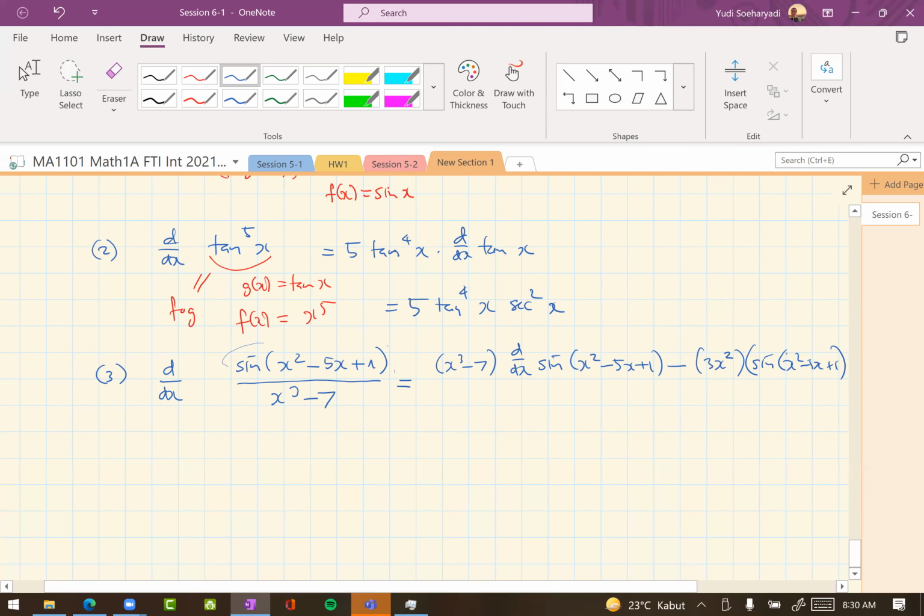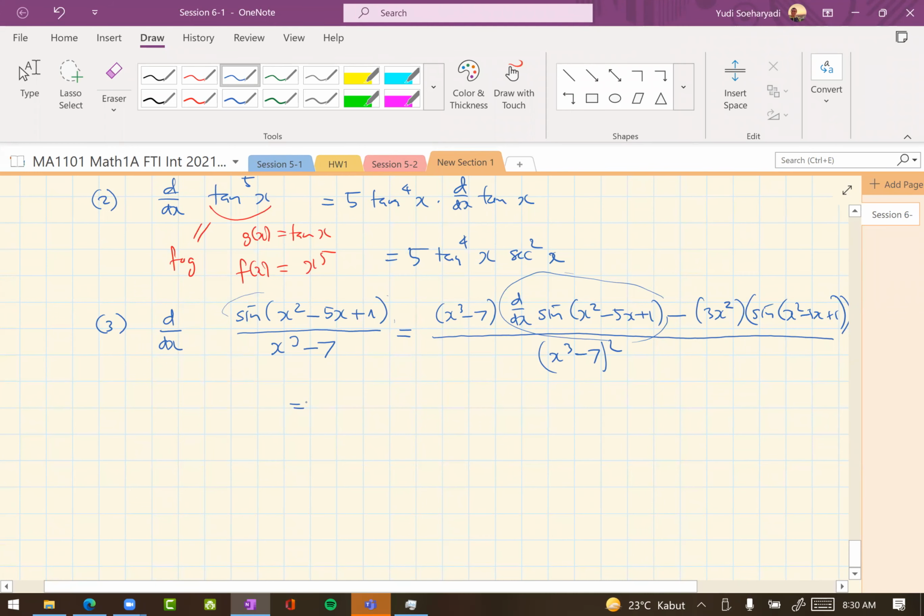This matches the first part, and you subtract by the rest. There we go. Now we just need to compute this derivative.